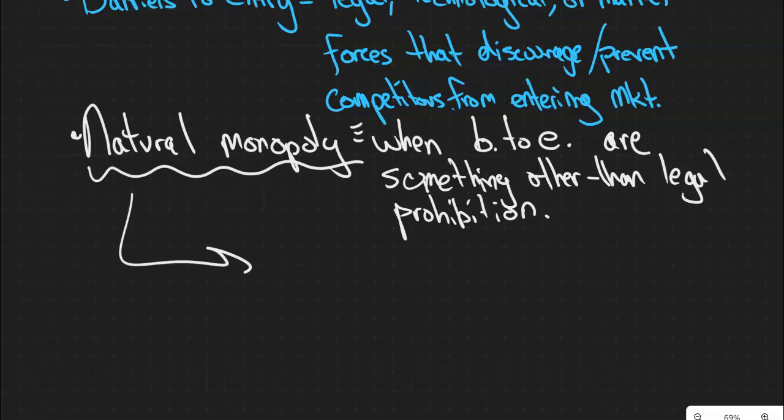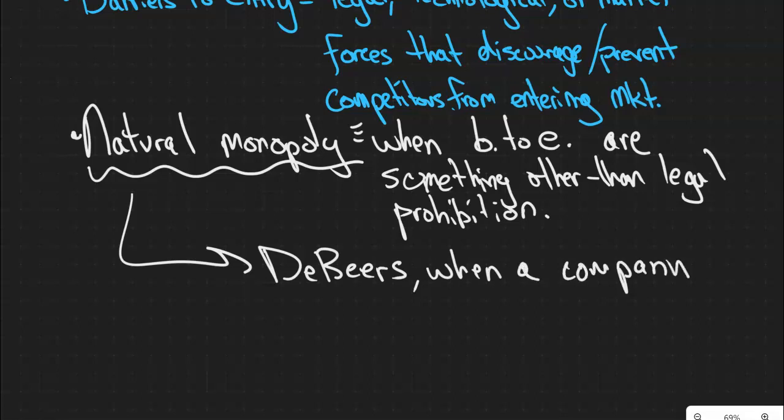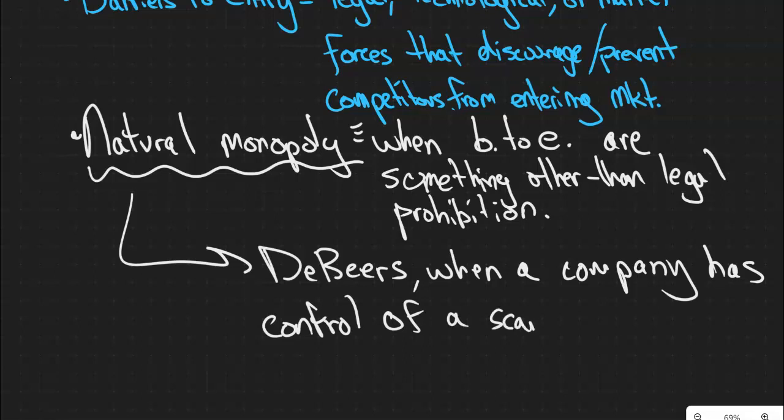So natural monopolies arise, rather. The biggest one that we have as an example is De Beers. De Beers diamonds, right? So this is when a company has control of a scarce physical resource. I'll try to find a good article or video about De Beers.